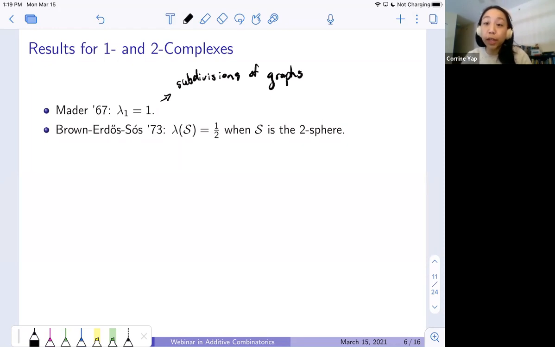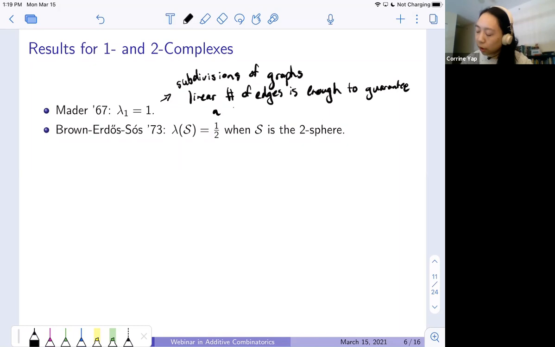He said, pick your favorite graph H. A linear number of edges is enough to guarantee a subdivision of H. And in fact, that's tight up to constants.